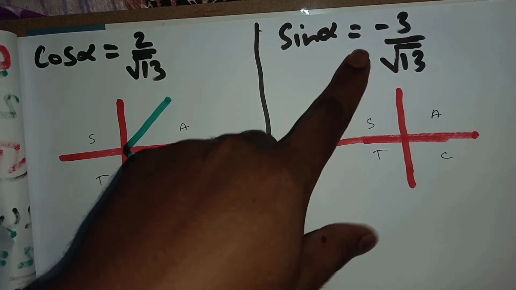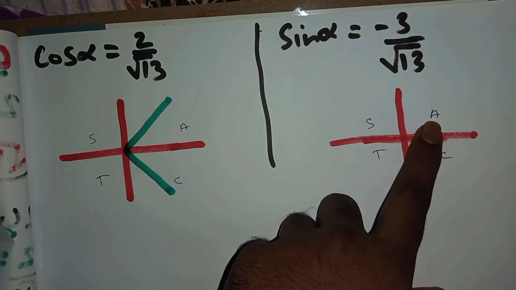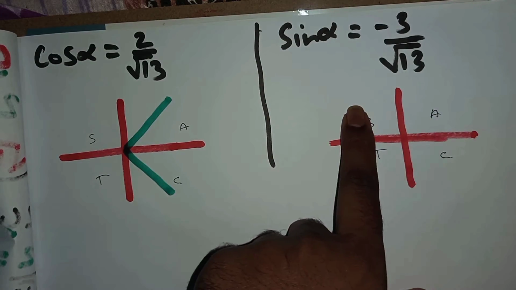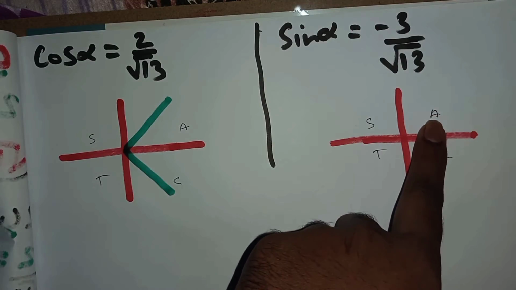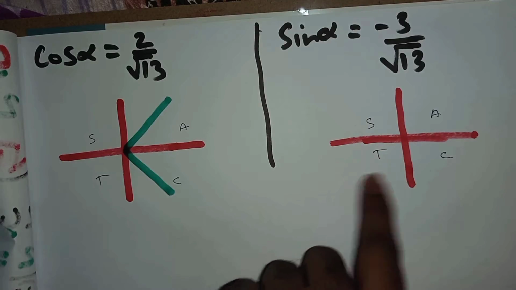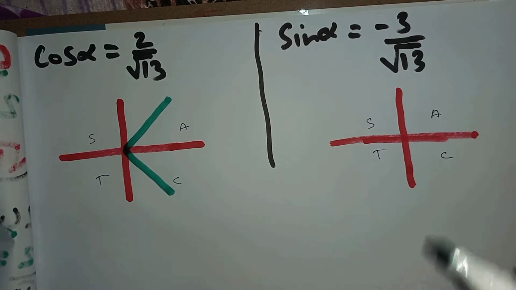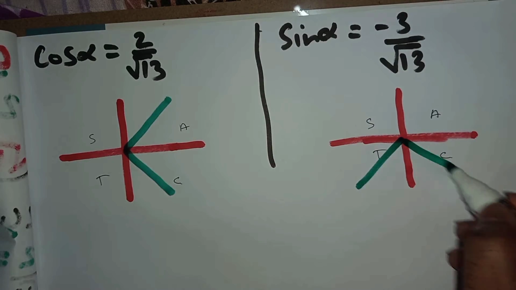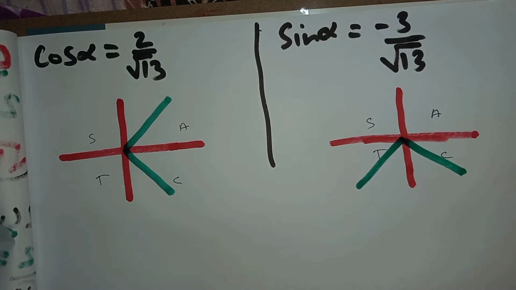Now negative cannot be here because everything is positive here, and sine is also positive here, so these two regions are out. We have all, and sine is positive here, so these are the two possible regions where sine can be negative because we have a negative sign here. So there and there. This is the most crucial place.